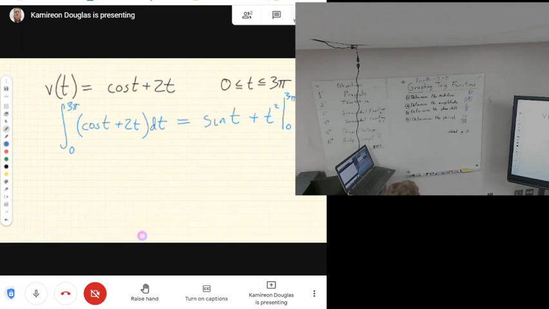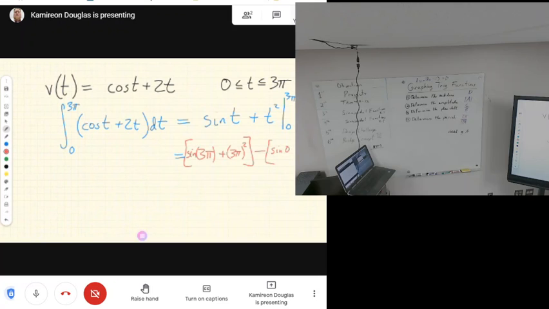Next thing we do, plug it in. If I plug in 3 pi, you plug in 0, and determine what happens. So displacement would be 3 pi plugged into the sine plus 3 pi squared, minus 0 plugged in. Those same two pieces.